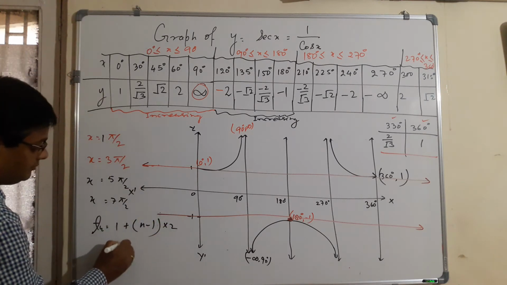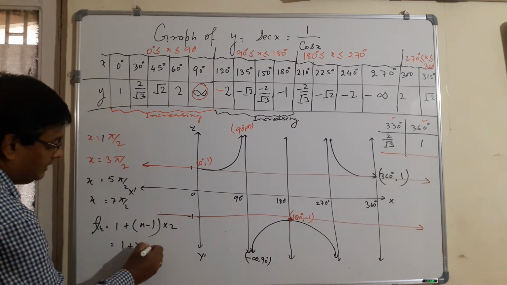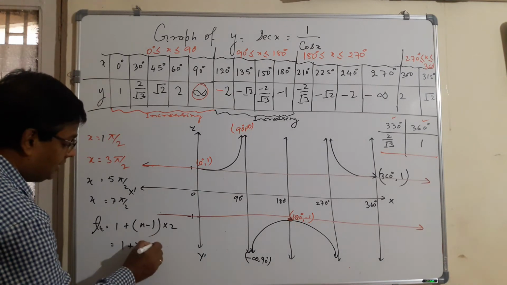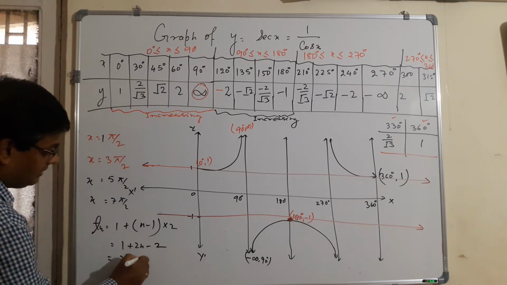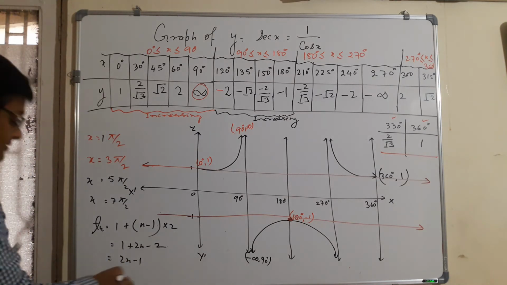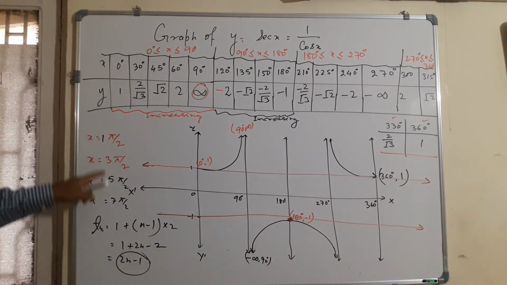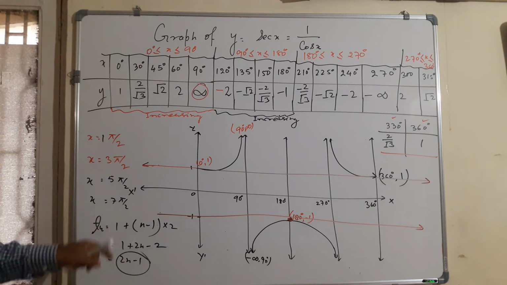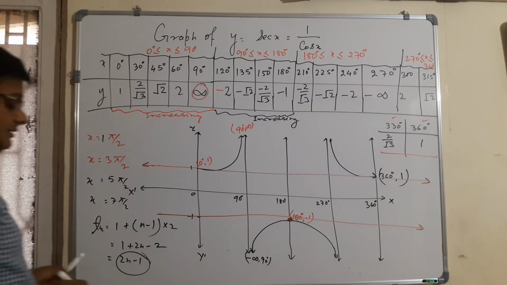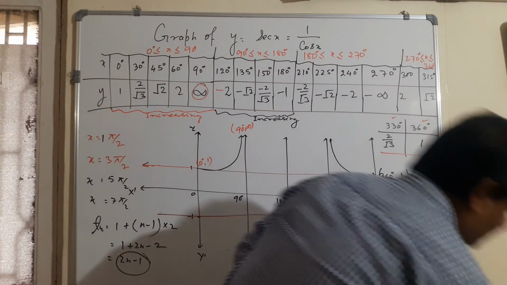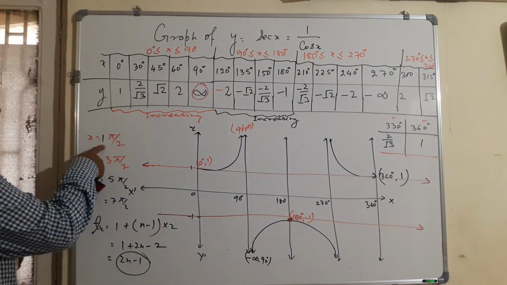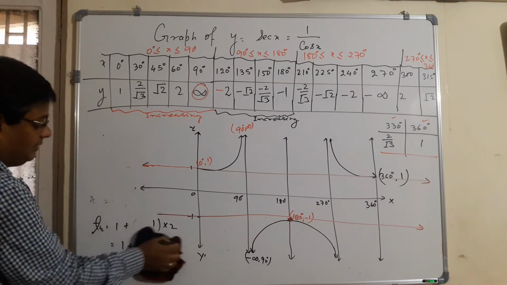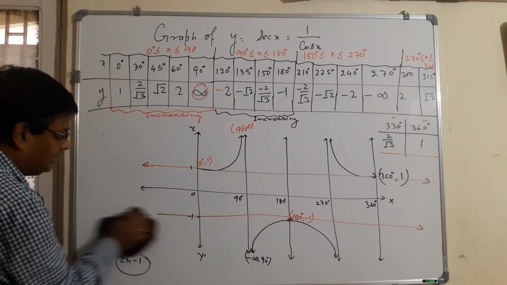So 1 plus 2n minus 2, it means 2n minus 1. So you can write 2n minus 1 or 2n plus 1, you will get the odd numbers 1, 3, 5, 7. It means the domain is the set of all real numbers.